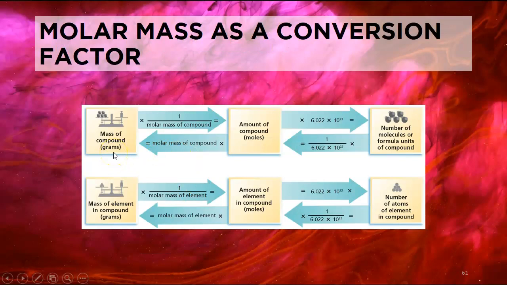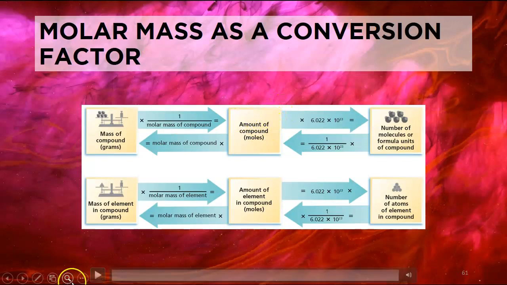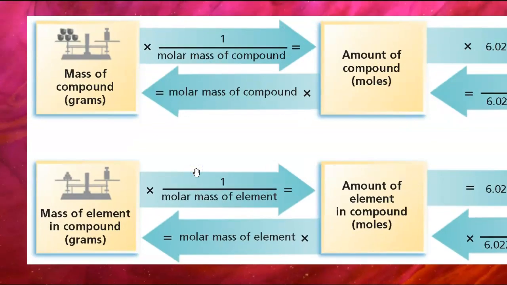Grams to moles. Looks like I need to multiply or divide by the molar mass. Oh yeah, I can try this. So multiply by the reciprocal side. So going from grams to moles, I'm going to need to divide.